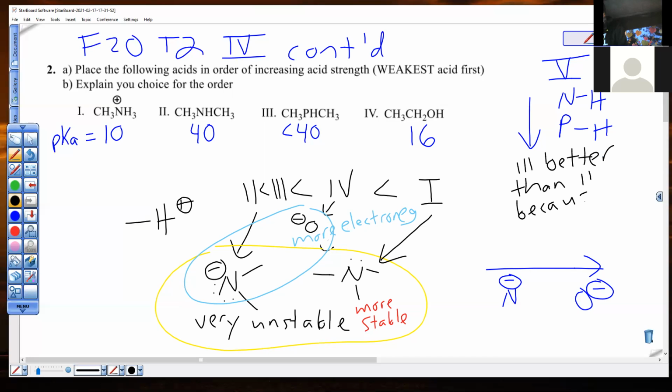Because it makes a larger, more stable anion.